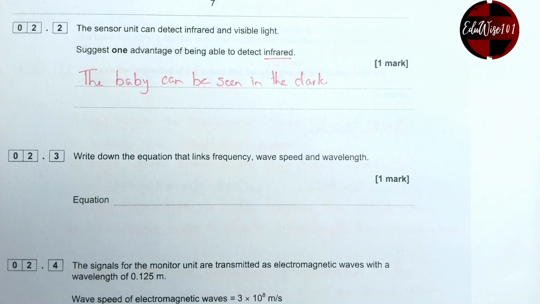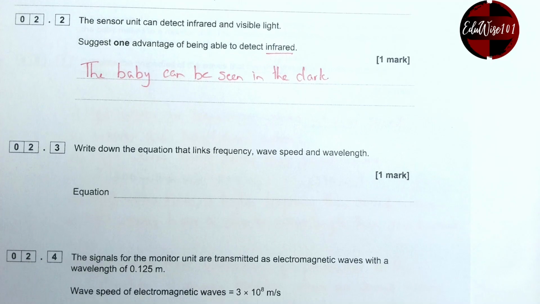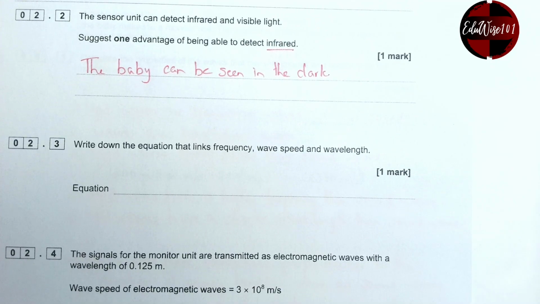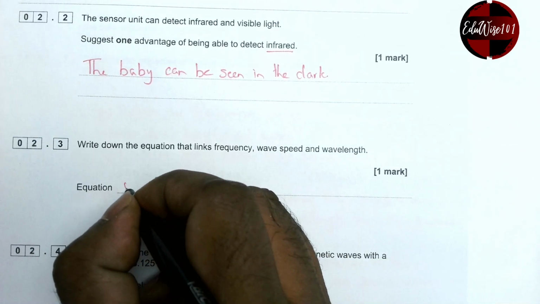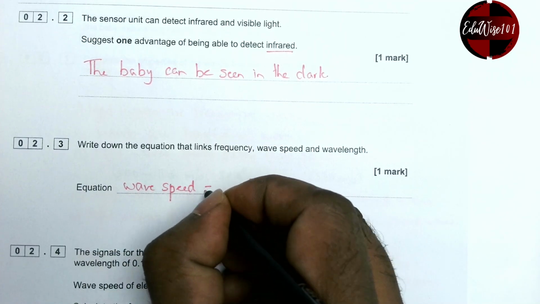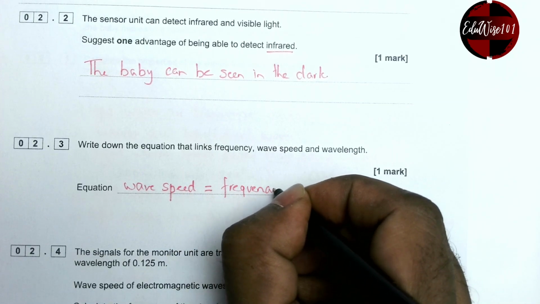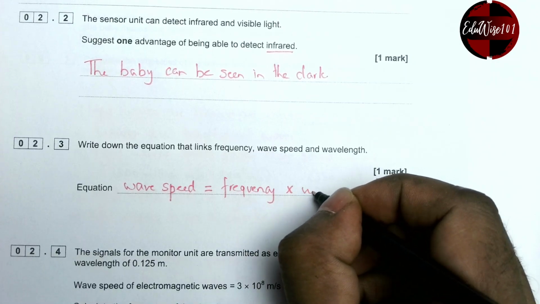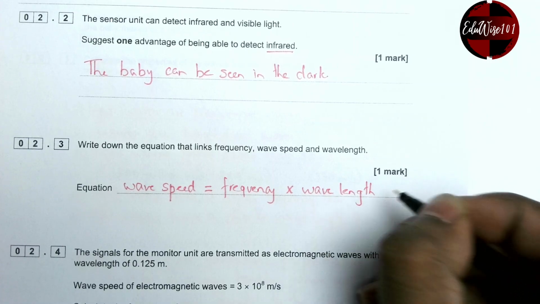2.3. Write down the equation that links frequency, wave speed and wavelength. So because you will get an equation sheet, you should be able to find this. So wave speed equals frequency multiplied by the wavelength.